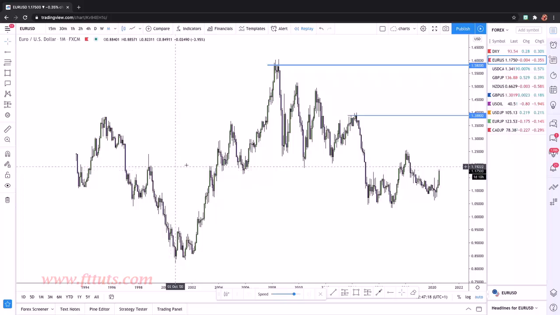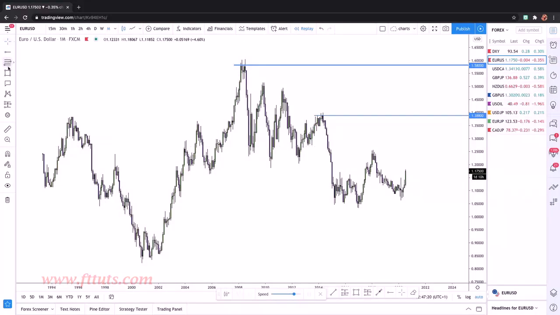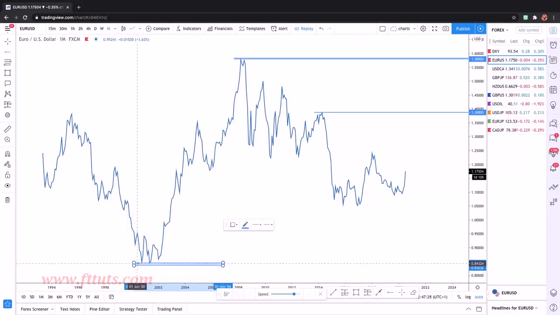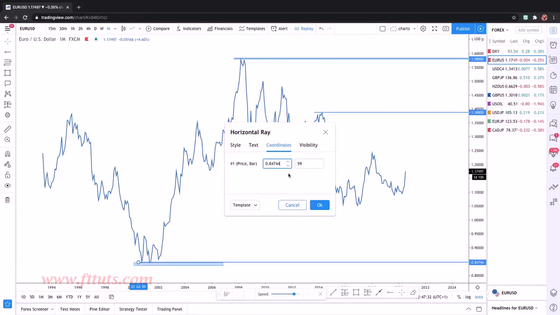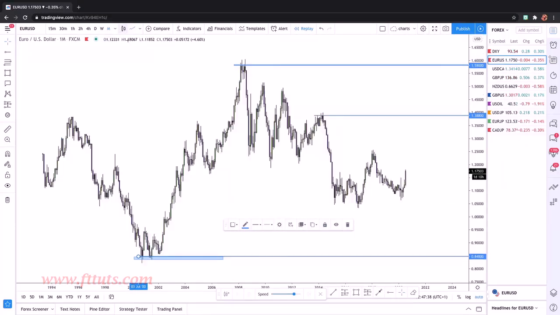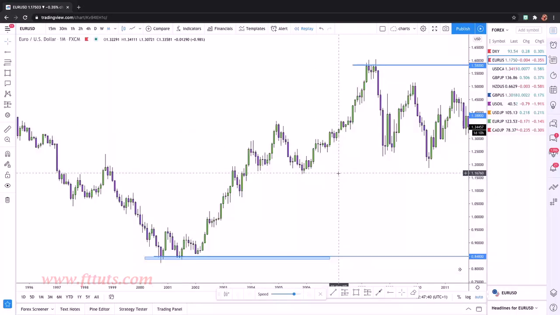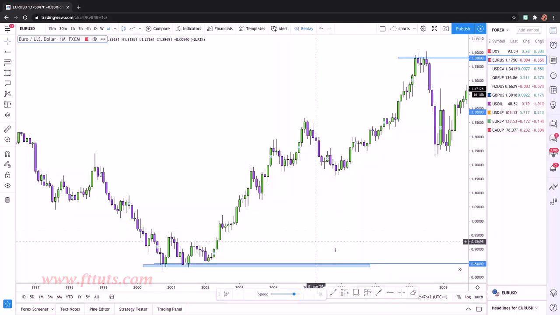So another level we have is right here. You can round this to 800 as well. Let's just see. If it's cutting the candlestick body, you have to go lower.